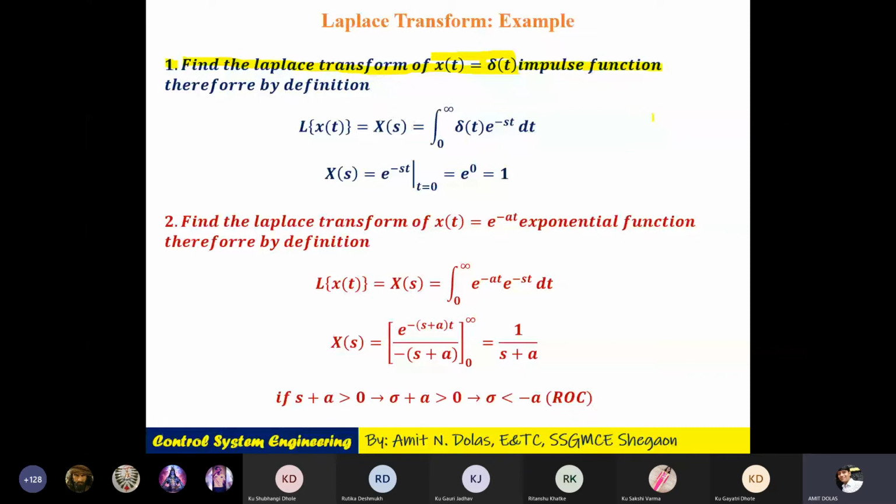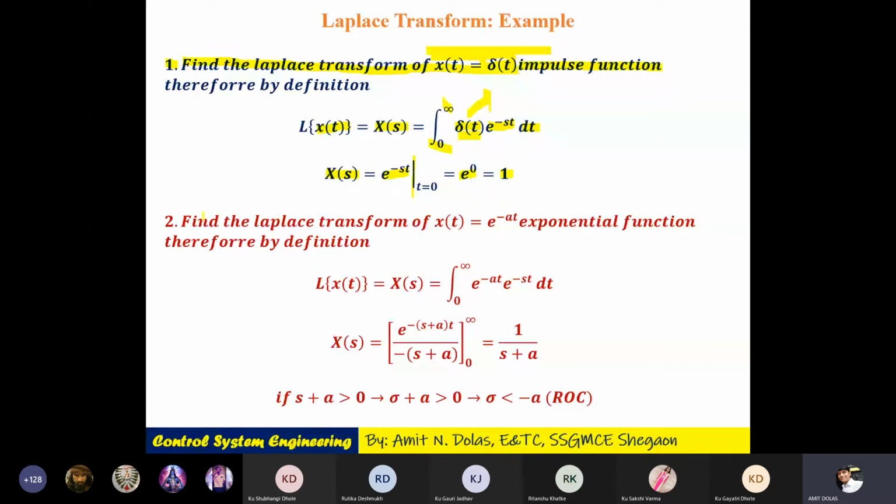So the Laplace transform of the given signal, delta t, is represented by X of s equal to the integral from 0 to infinity, putting into the definition, delta t e raised to power minus st dt. Solving this, of course, delta t is 1, so you get e raised to power minus st at t equal to 0, which is e raised to power 0, equal to 1.